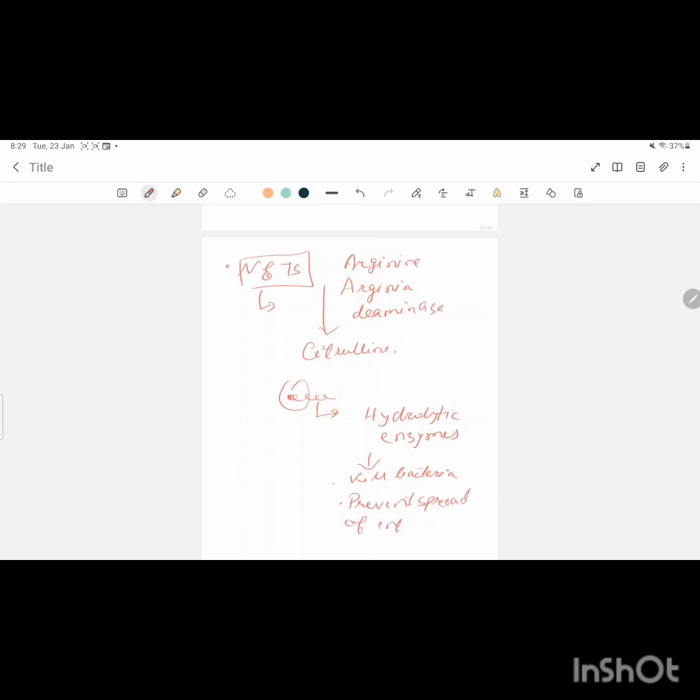Now, arginine deaminase causes the decondensation of chromatin, and the chromatin is getting exposed.